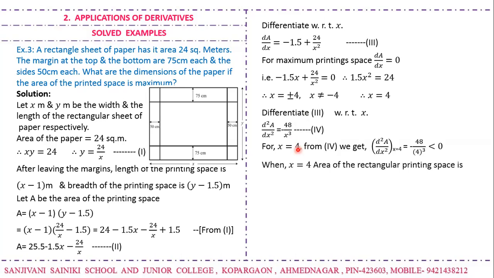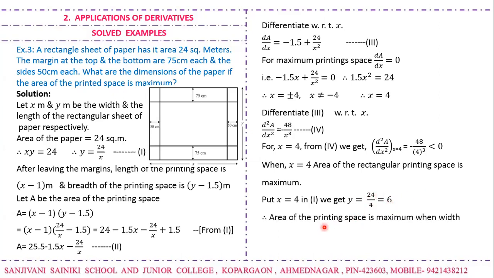So the area of the printed space is maximum for the length x equal to 4. Put x equal to 4 in y equal to 24 upon x to get the breadth of the paper sheet: 24 upon 4 is 6.